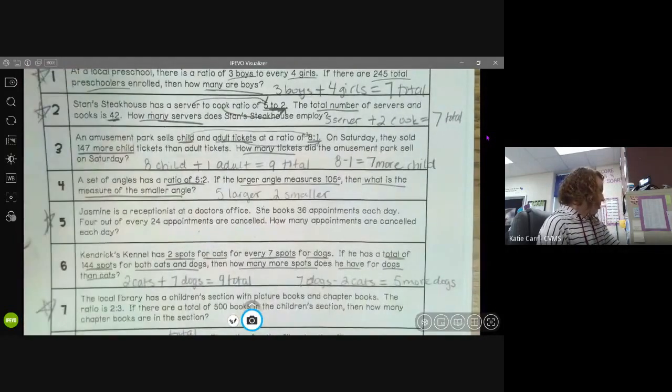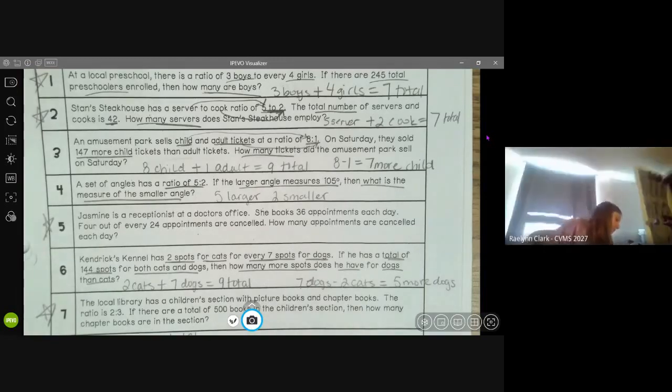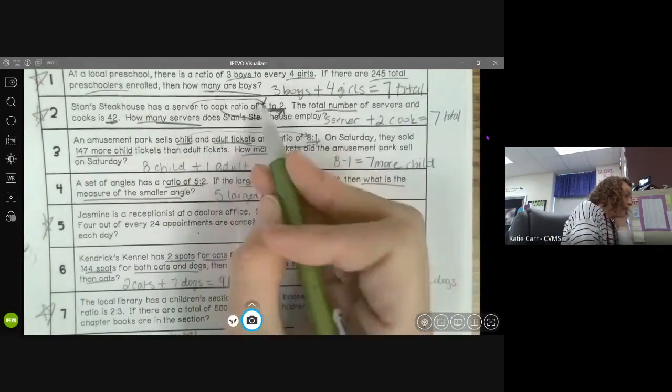So we're looking at servers. What's my number that goes with server? Is it 42? What number goes with server? Remember, I drew arrows.